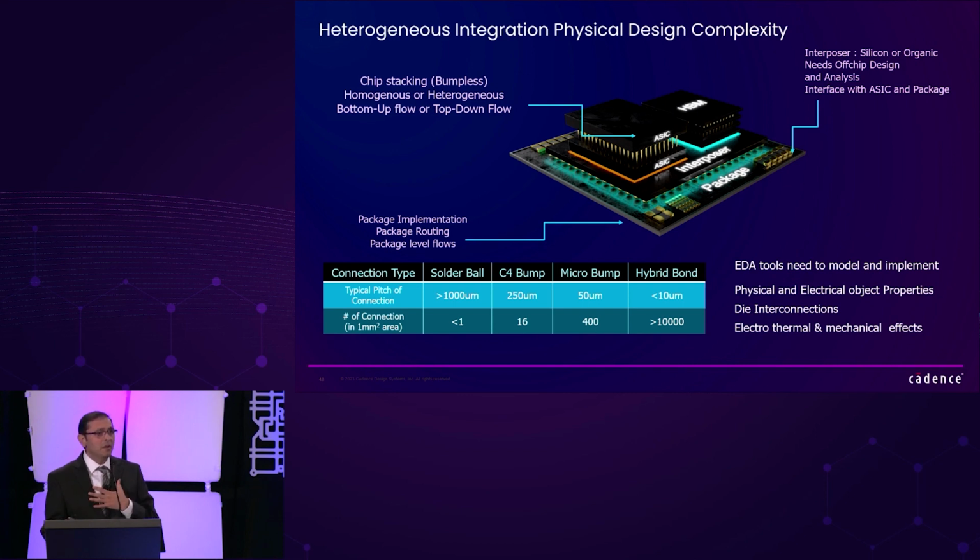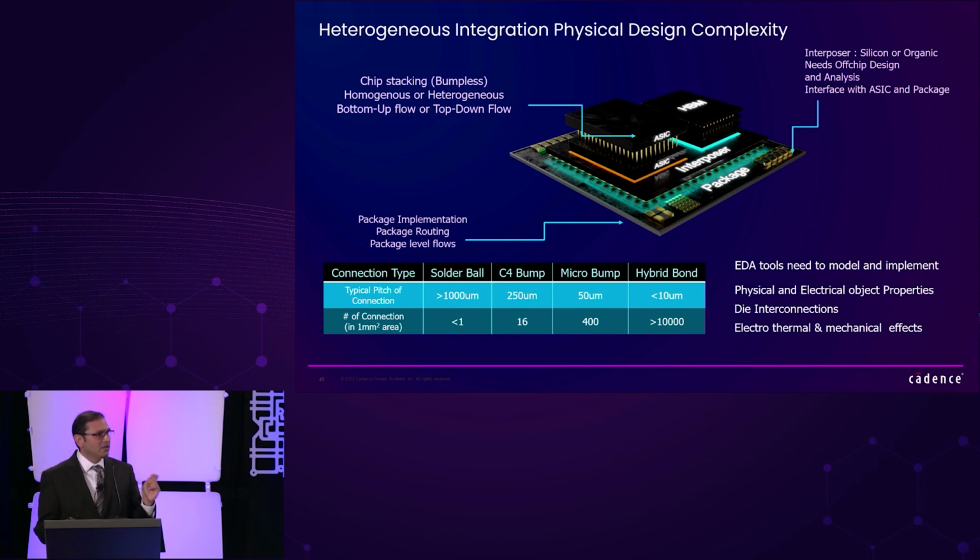So from an EDA point of view, when we are designing algorithms or our tools, we need to model and implement these connections with very high accuracy, high precision. We have to not only model the physical size and shape of that, we have to make sure that the electrical properties are modeled correctly, particularly of these die interconnects.